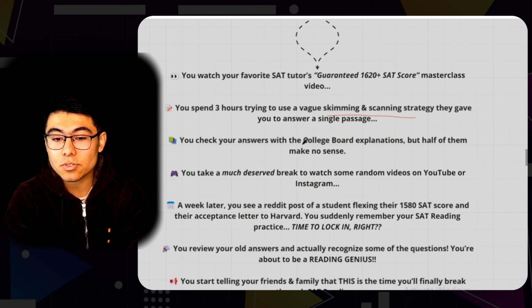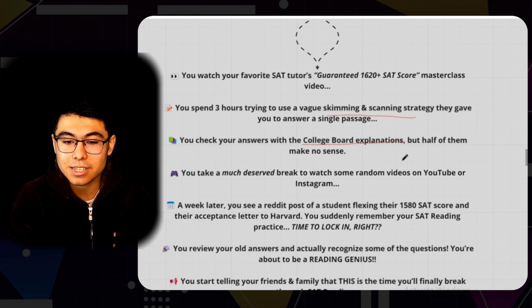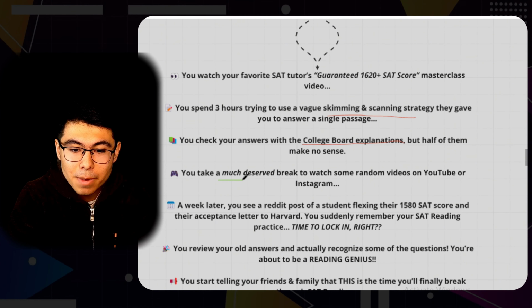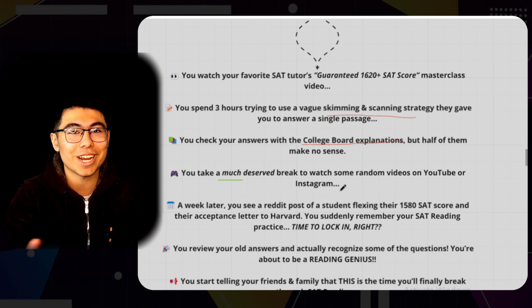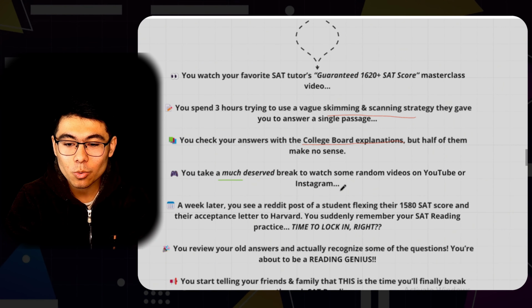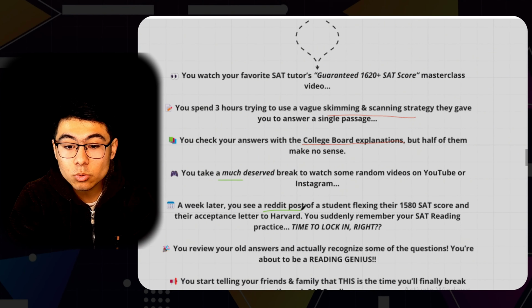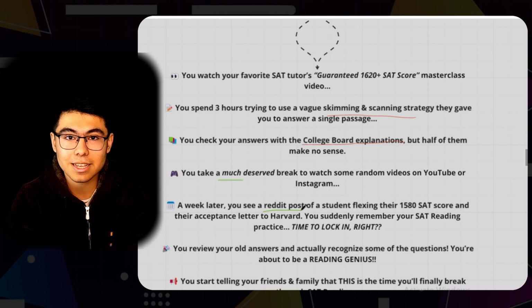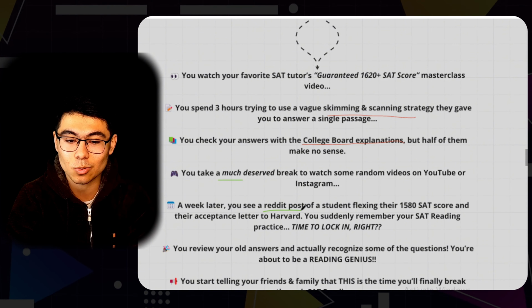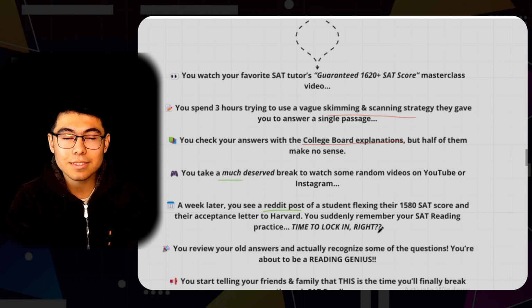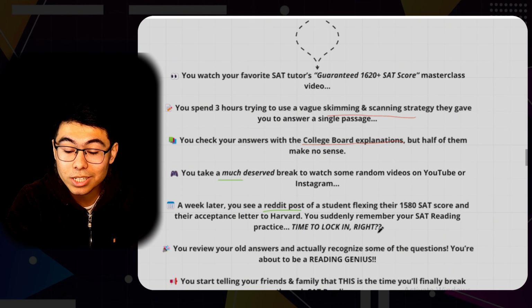And you check your answers with the College Board explanations, but half of them make no sense. You take a much deserved break to watch some random YouTube videos or maybe videos on Instagram. And a week later, you see a Reddit post of a student flexing the 1580 SAT score and the acceptance to Harvard. And you suddenly remember your SAT reading practice.